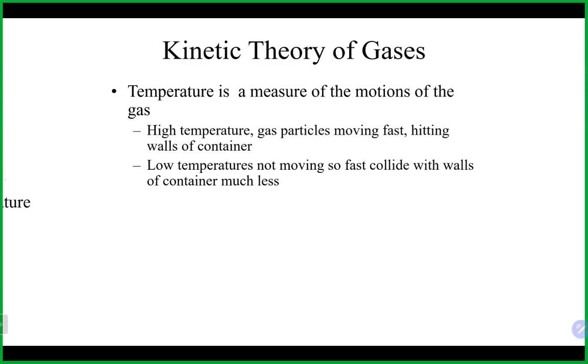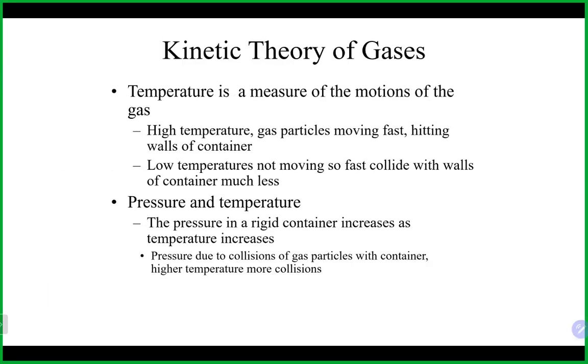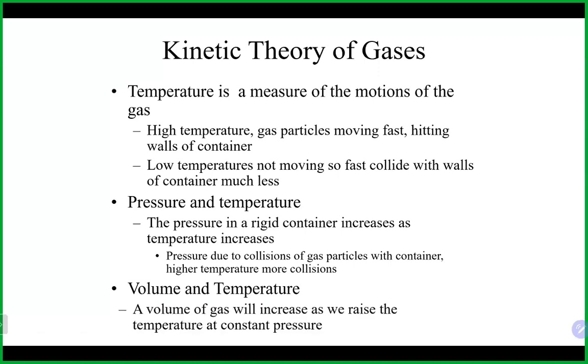As the temperature increases, so does the energy of the gases, and they start to fly around a lot faster. So higher temperature, faster-moving gas molecules could lead to more collisions. Lower temperatures will slow down the gas molecules, which could lead to fewer collisions.